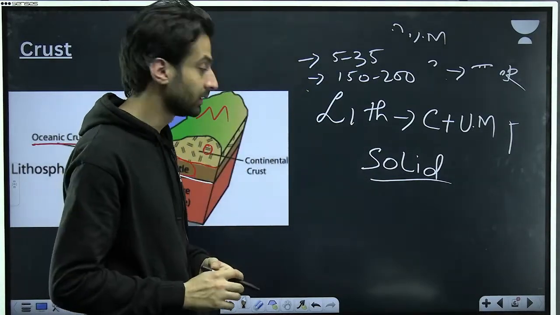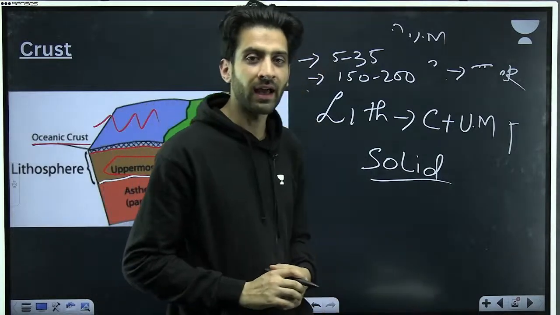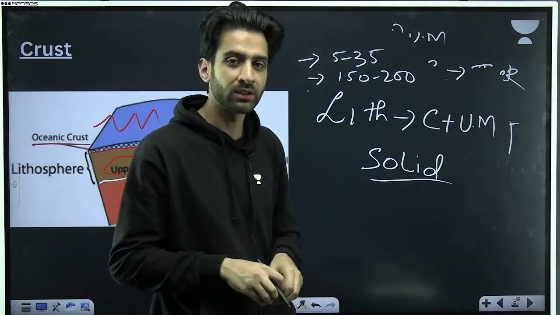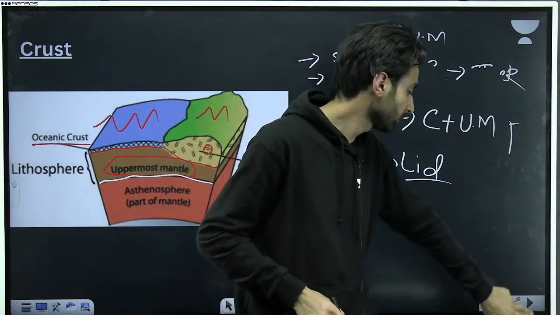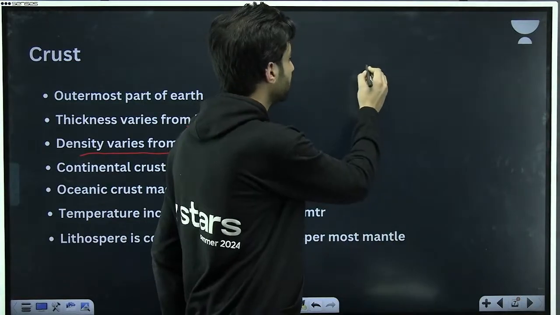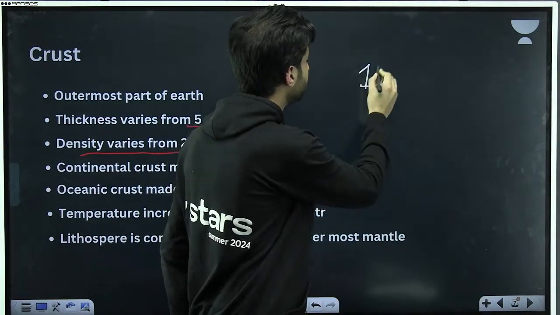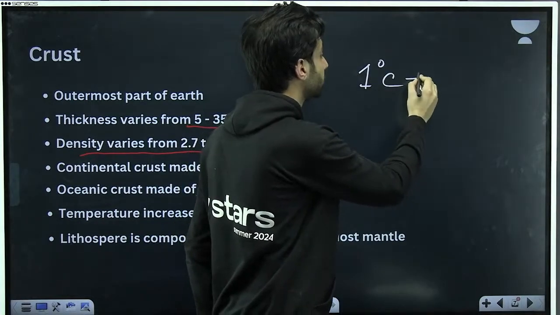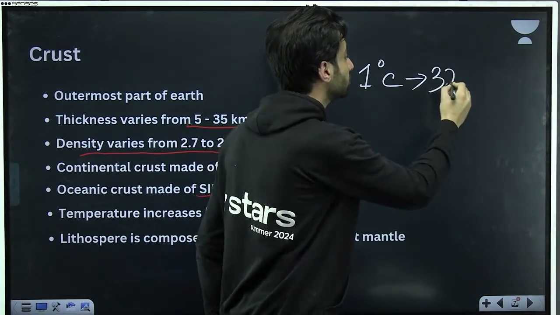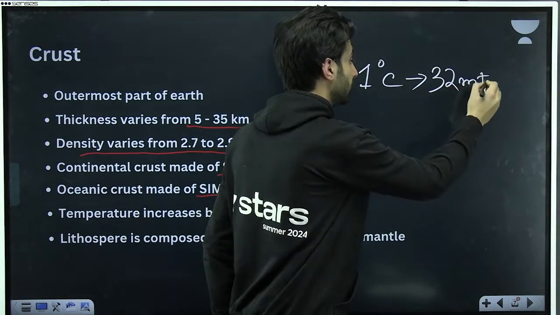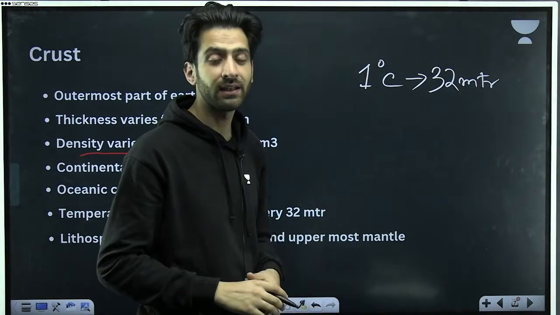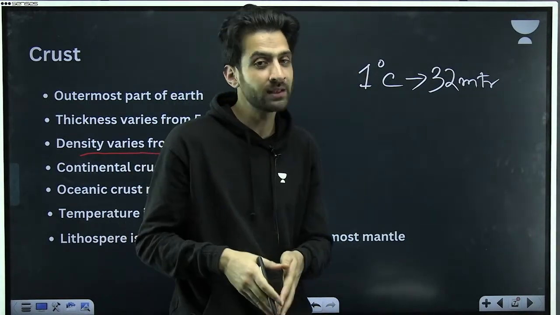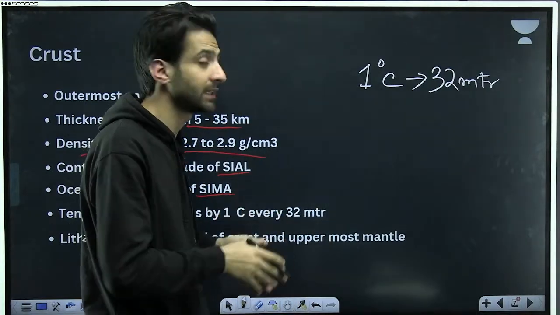Is it clear? Now, when we move on, we will realize that as we go deep down the earth, there is an increase in temperature and pressure. See, as we go deeper, you will see a 1 degree rise in temperature every 32 meters. Every 32 meters you go into the depth, you will see a 1 degree rise in temperature. So as you go deeper and deeper, there will be very high temperature.